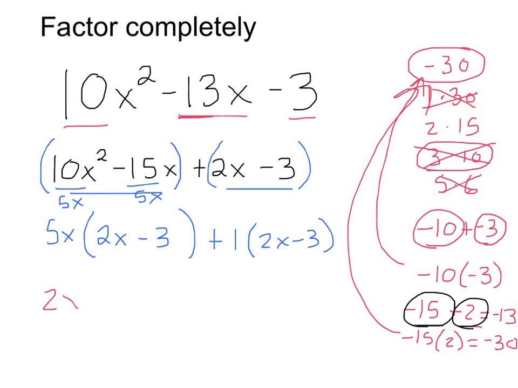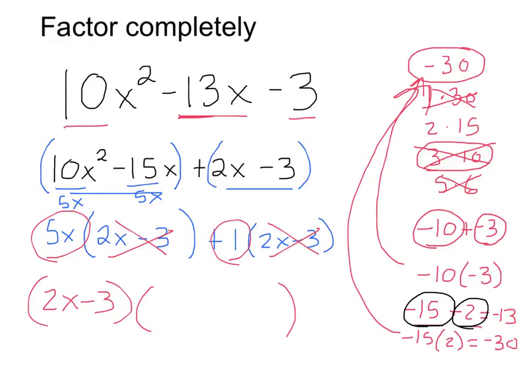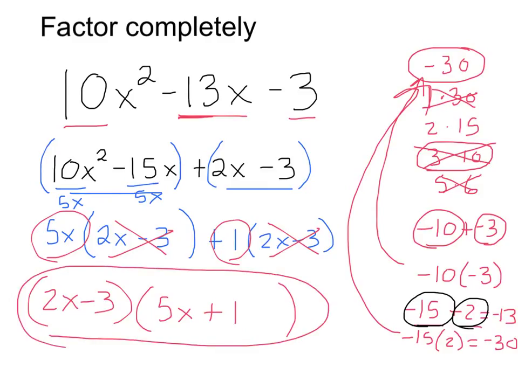So I'll write 2x minus 3, and it goes away from this and it goes away from this. And then I look and I say, what's left? Well, I got a 5x here and I got a 1 here. So it's 5x plus 1. And so what I have in red right here is the completely factored form. Say completely factored form. And how did we factor it? By grouping.